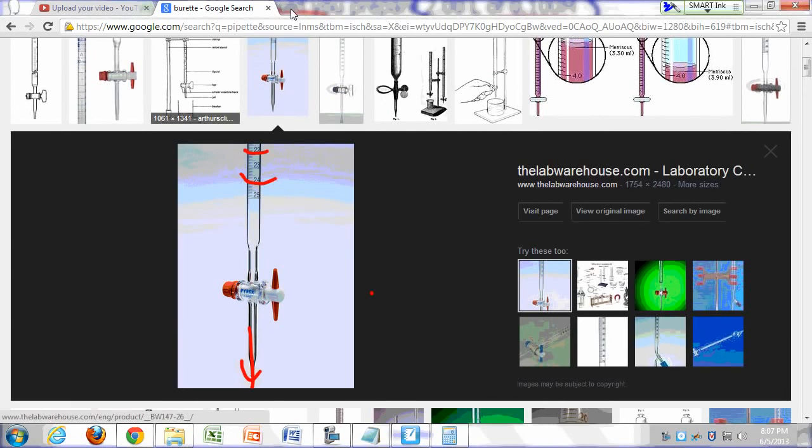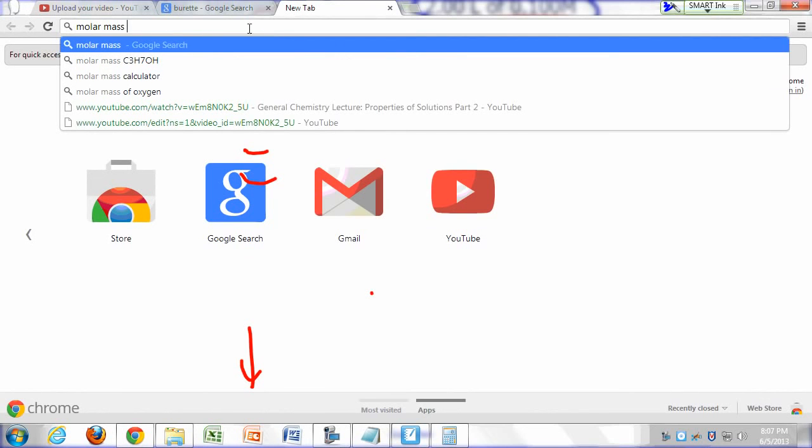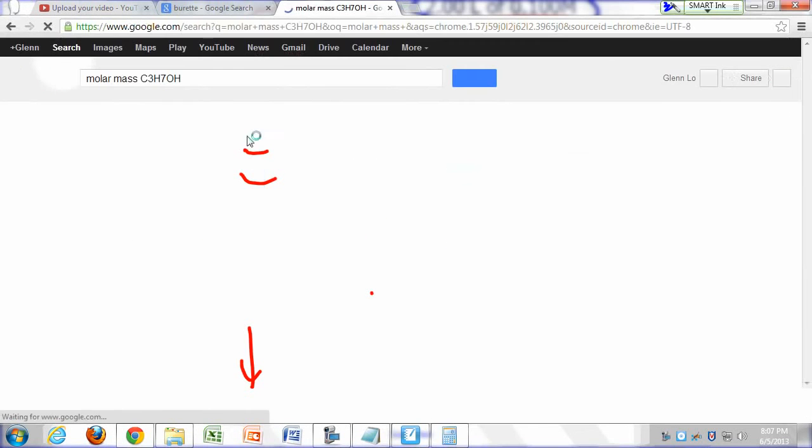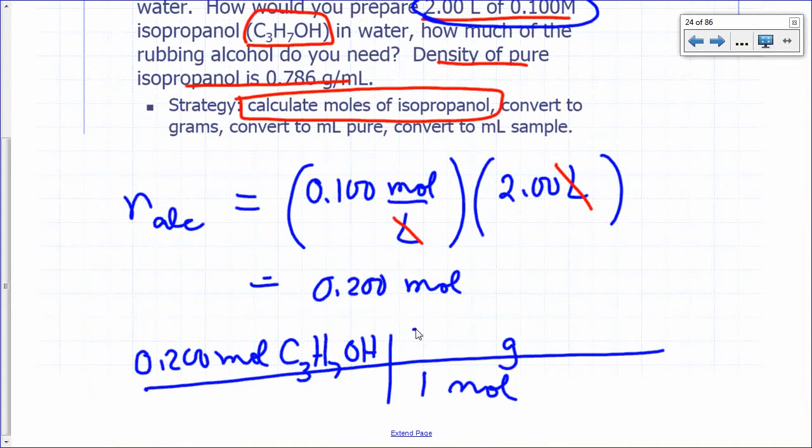I've done this search earlier. It's 60.1 grams per mole. If I need more sig figs, it's 60.095 grams per mole.